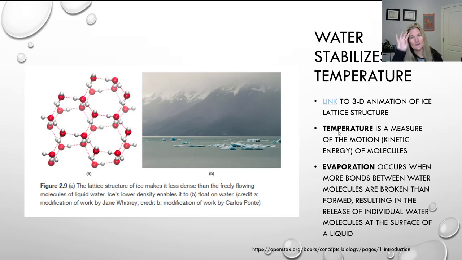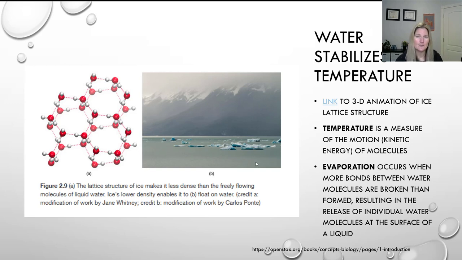Well, what happens when the temperature increases? If we have water molecules, they're constantly breaking and reforming hydrogen bonds with nearby water molecules in a liquid state. Eventually, if the temperature rises enough, the water molecules are going to start to separate, and you end up with evaporation. So evaporation occurs when more bonds between water molecules are broken than are formed.